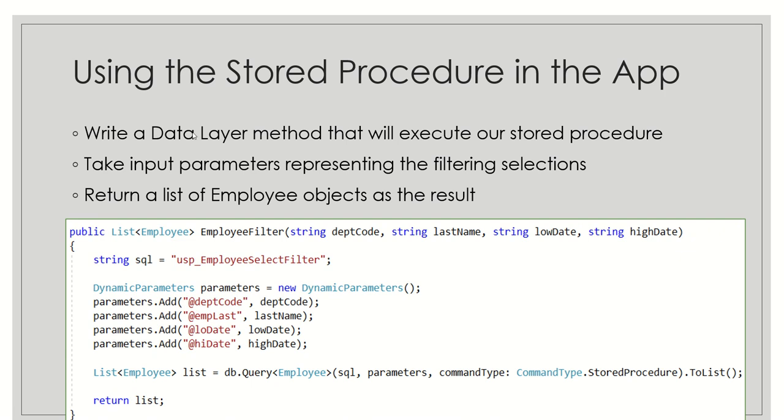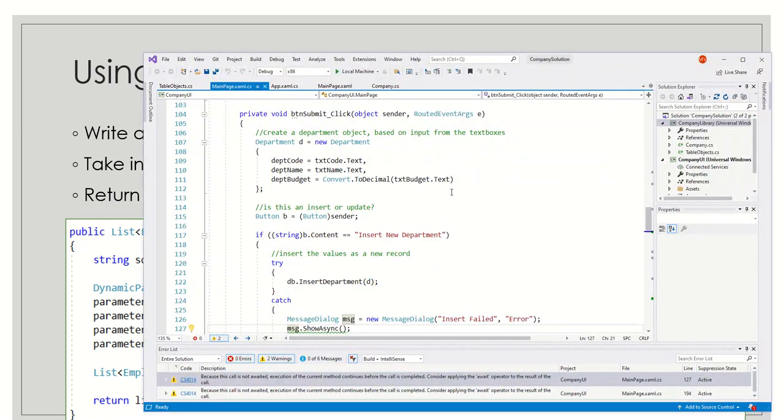But because we haven't done this particular service before, we're going to have to write this method. So the data layer method that executes our stored procedure for listing employees is going to be almost identical to the one for listing departments. So let's take a look at that right now.